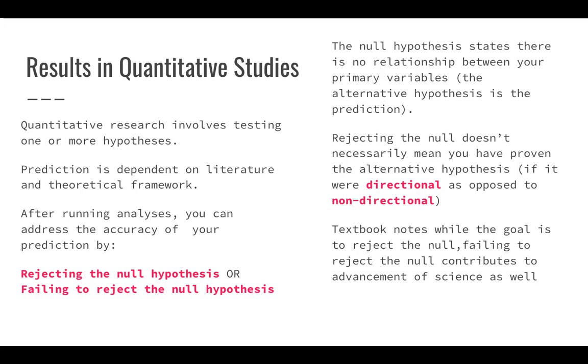It is a failure to reject the null hypothesis. Now, of course, when you're collecting data, you're hoping to find a relationship, right? You're hoping that a relationship exists between your variables, that your prediction is shown to be true. But that is not always the case.